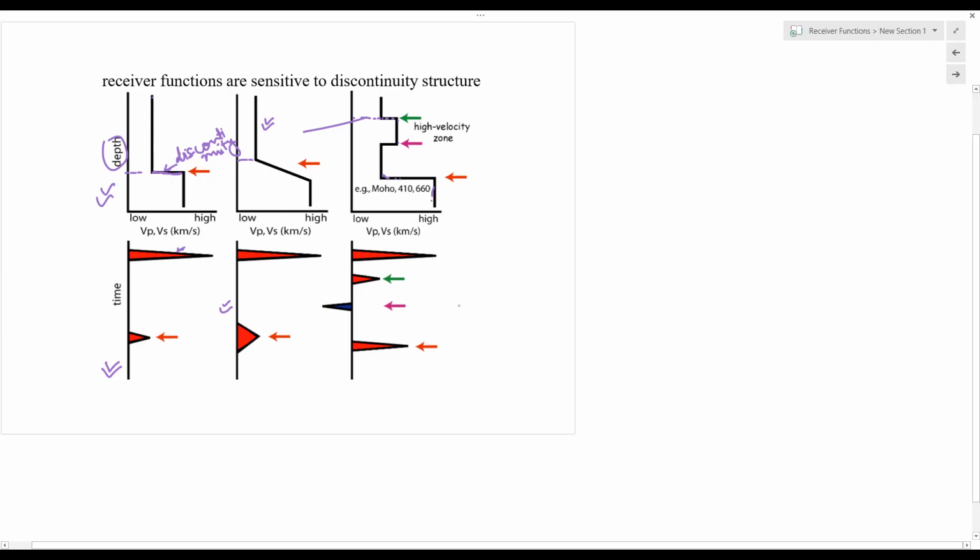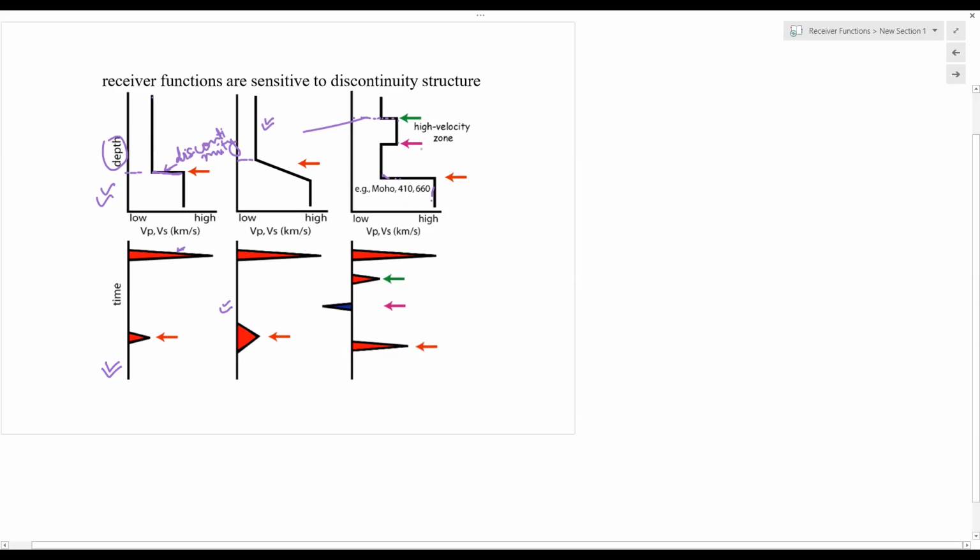Likewise, if you compare with the response of the receiver functions in the case where you have high velocities and also a discontinuity of type Moho, 410 kilometer discontinuity, and also maybe the 660 kilometer discontinuity, then you may see that before the appearance of the sharp pulse, because the contrast here is sharp again, which is quite similar to the velocity structure in the first.